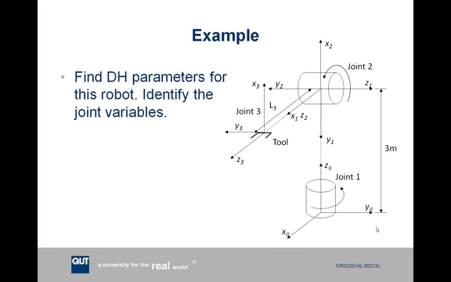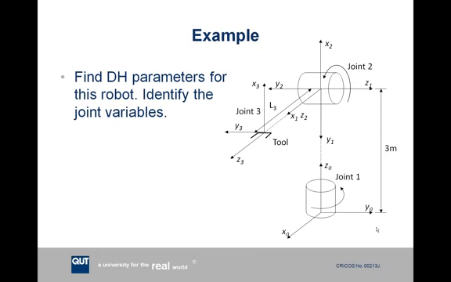So where do we put the origin of reference frame 2? Well, the natural location for it, when the Z1 and Z2 axes intersect, is at the intersection of Z1 and Z2. So that means that our reference frame 2 is located at the same point as our reference frame 1, as in the diagram.